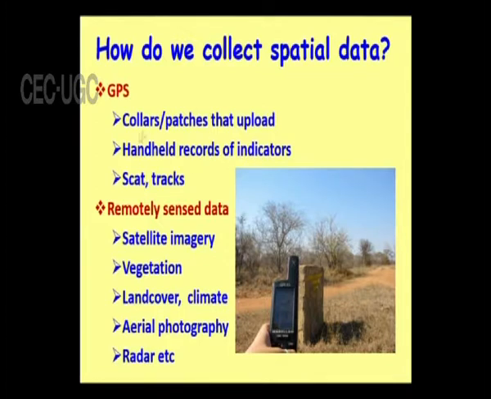So, all these are various methods for collecting the information, and as such the satellite imagery, the vegetation, land cover, the aerial photography and radar. So, all these are various forms of collecting the data.